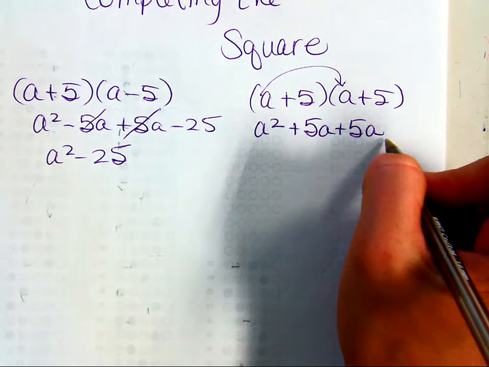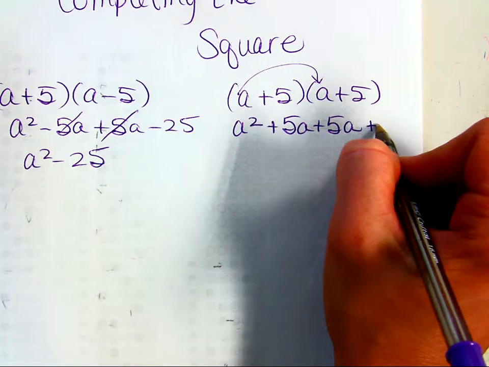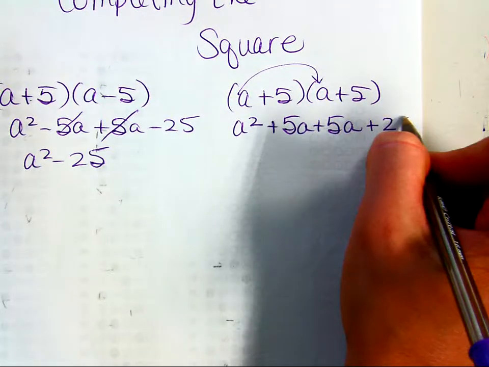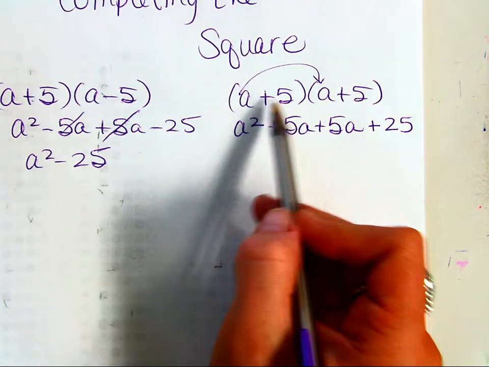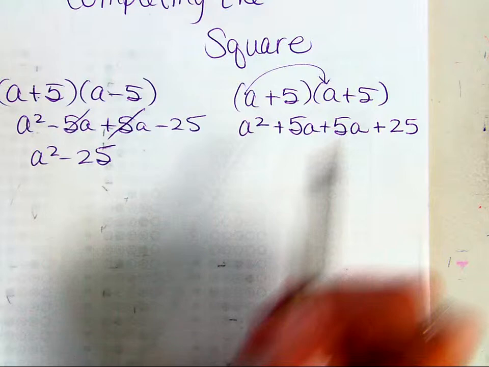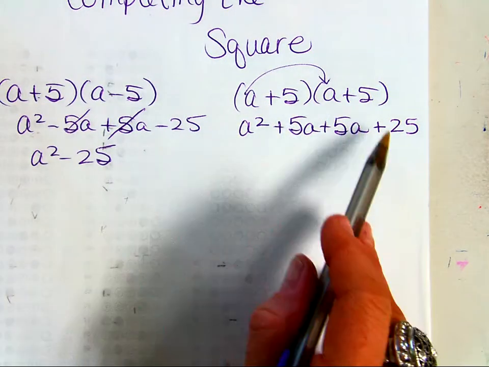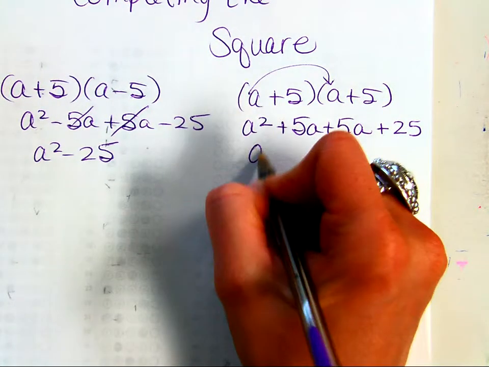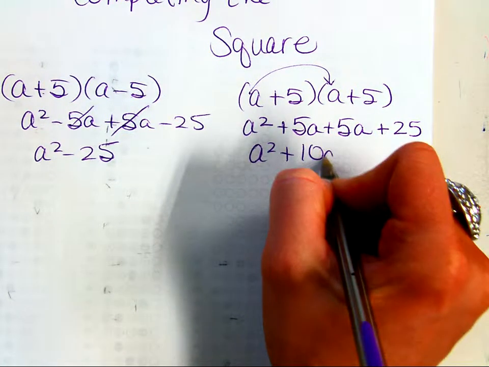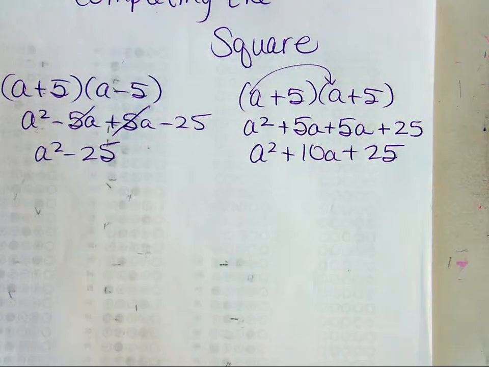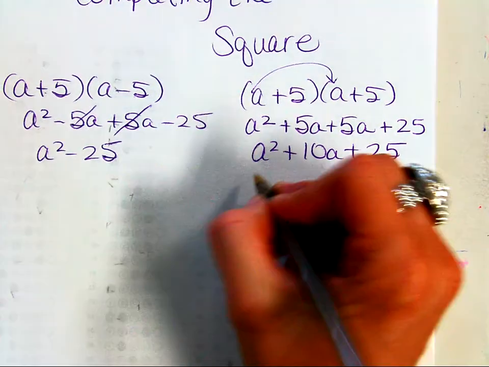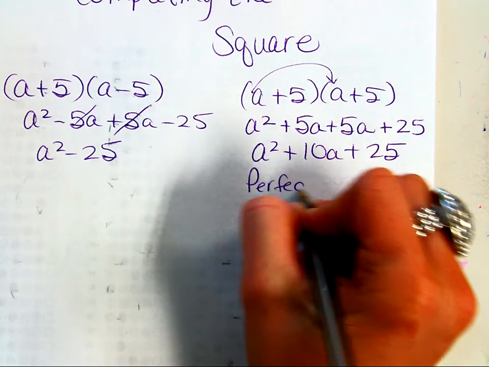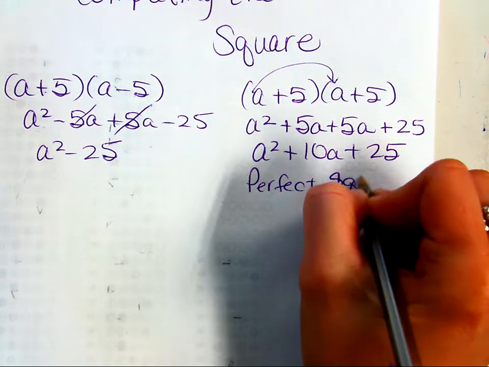And then that positive 5 times this positive 5 meant that this end sign was always going to be a plus. Because even if those were minuses in the middle, wouldn't that still be a plus? Because a negative times a negative is a positive. So instead of canceling these two out, we doubled them, and we had 10a plus 25. Do you remember that? That was called factoring or FOILing a perfect square trinomial.